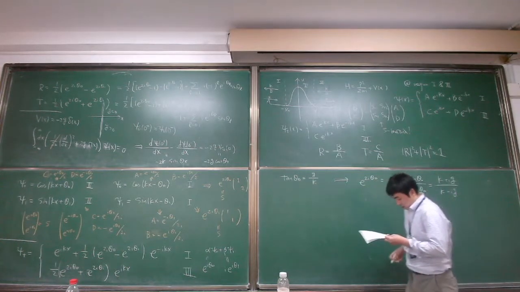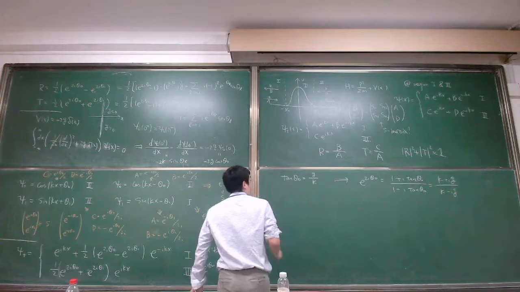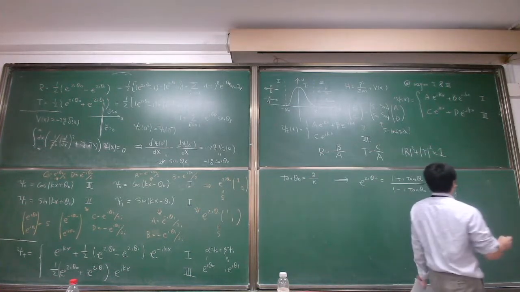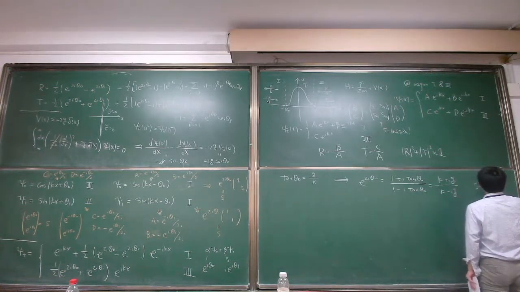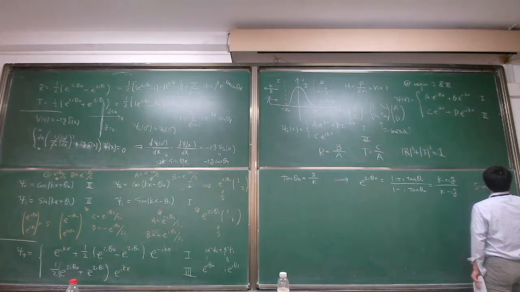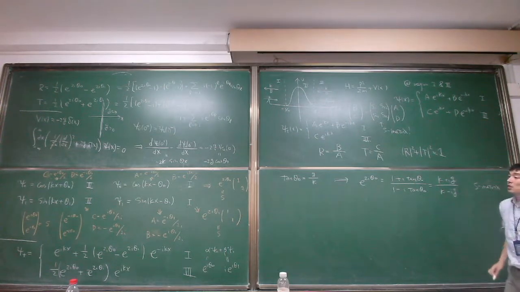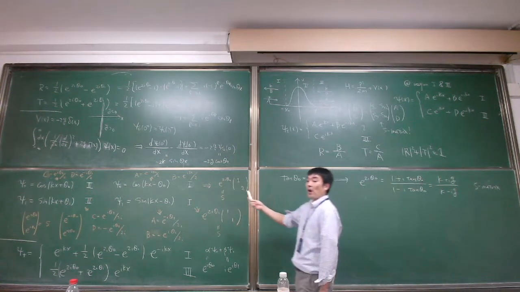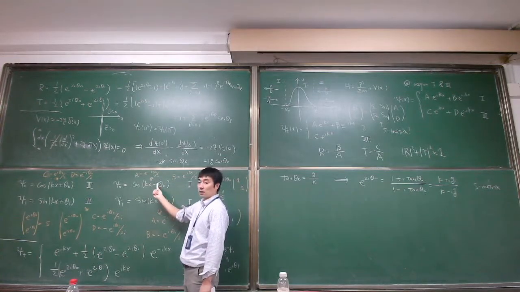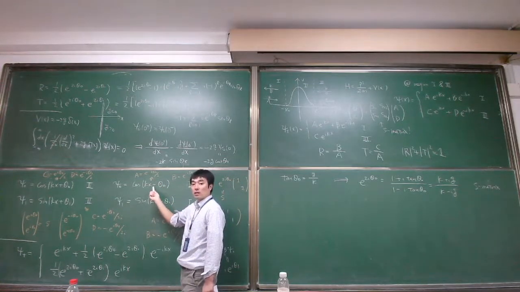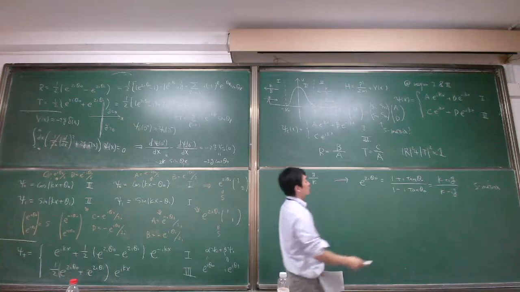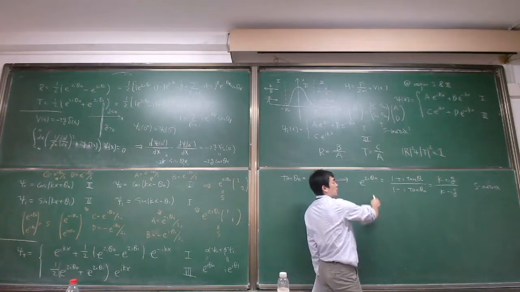So this is the S matrix of this even phase, parity even. We already knew that the S matrix is determined by the phase.